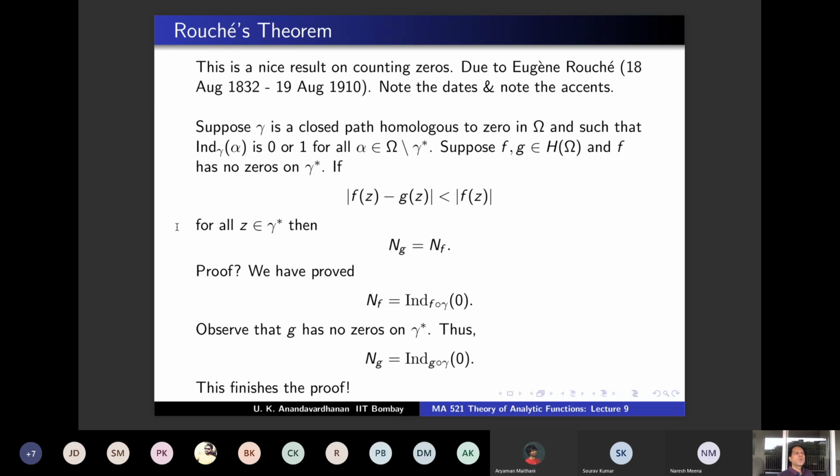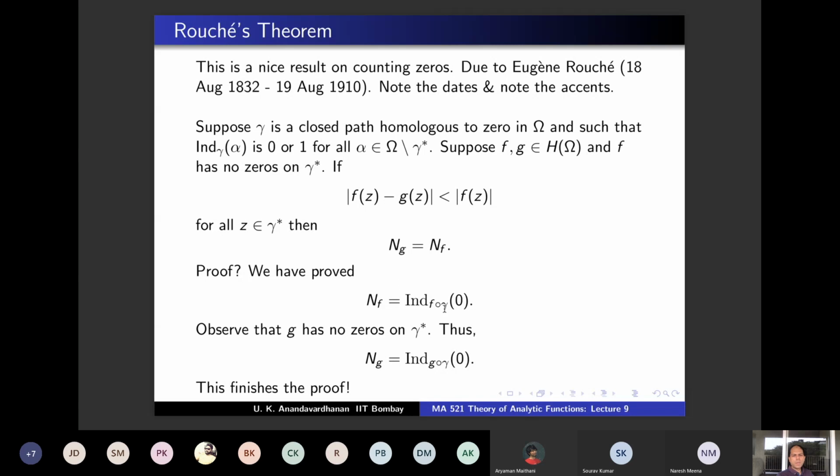Because you know that gamma 1 and gamma 2 will have the same index with respect to alpha if mod gamma 2 minus gamma 1 is strictly less than mod alpha minus gamma 1. So this is at 0. So this is 0 minus f of z, and this is f of z minus g of z, on gamma star. So if you consider the curve f composed gamma and g composed gamma at s in [0, 1], gamma of s is in gamma star.